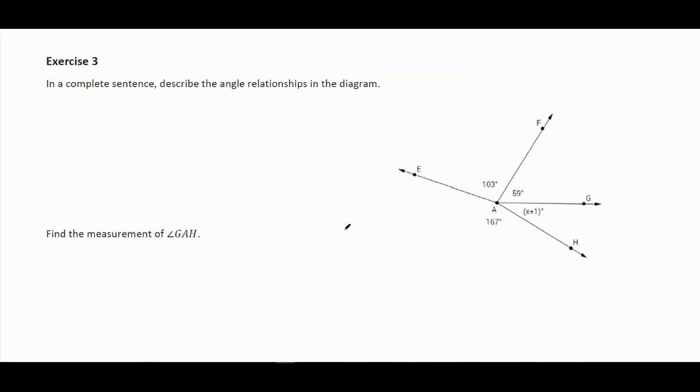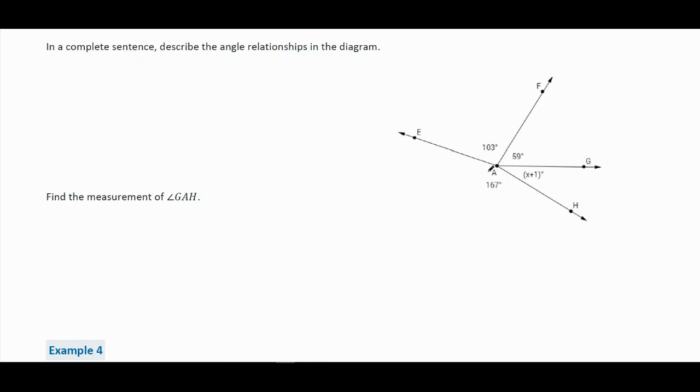Next one. Find the measurement of angle GAH. So what can we observe? They were all given the angles. If you were given all the angles, it means it's going to create 360 degrees. It means it's an angle at a point.